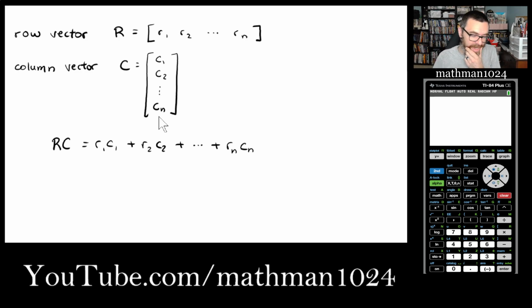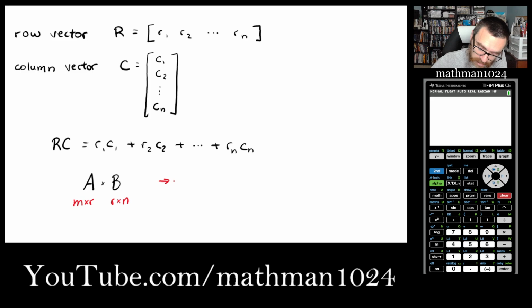So when we start talking about doing matrix multiplication, if we want to do A times matrix B, if matrix A is an M by R matrix and matrix B is R by N, then we can do this product.